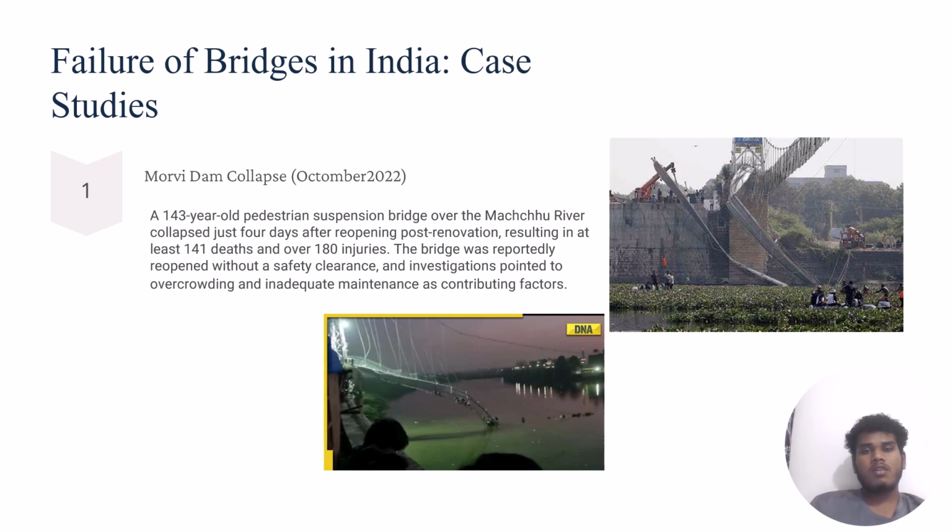The bridge was reportedly reopened without a safety clearance, and investigation pointed to crowding and inadequate maintenance as contributing factors. So this bridge collapsed due to overloading of people. This bridge was a 143-year-old pedestrian suspension bridge.